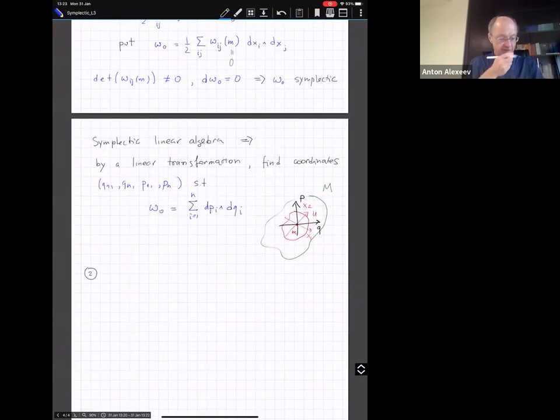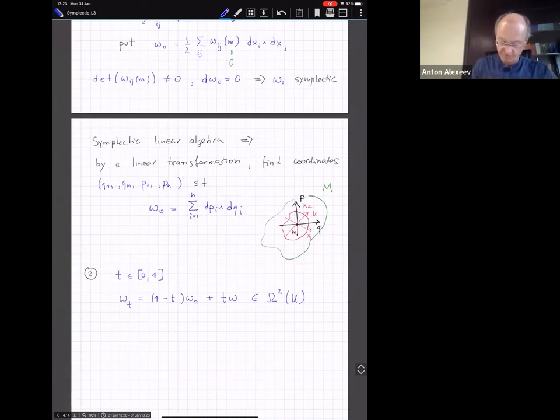Now, step number 2. I consider a real parameter t between 0 and 1, and I introduce a family of two-forms, omega t equals omega naught plus t omega, and these are two-forms on this neighborhood U, on this chart. What can I say about them?